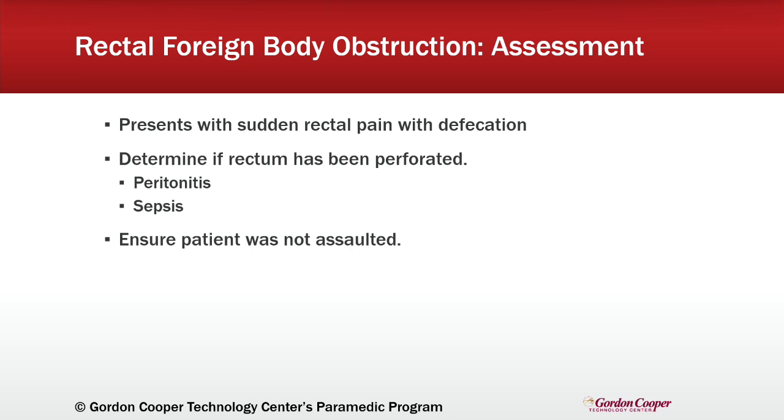Understanding the type of object is going to be helpful, and whether they've tried to remove it themselves or not will give us an idea of the risk of a perforation having happened. Be sure to rule out some kind of assault or trauma that may have taken place. If perforation has occurred, be sure to keep a watchful eye for peritonitis and development of sepsis.